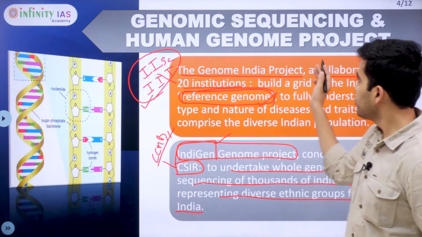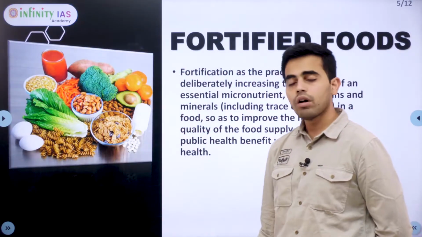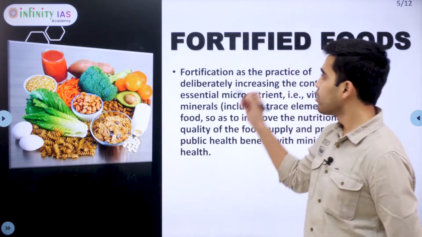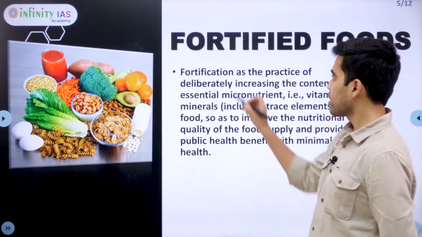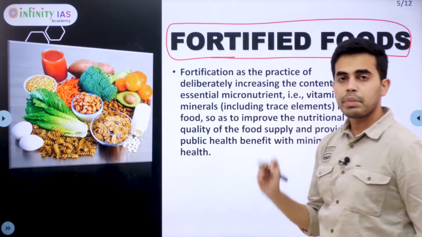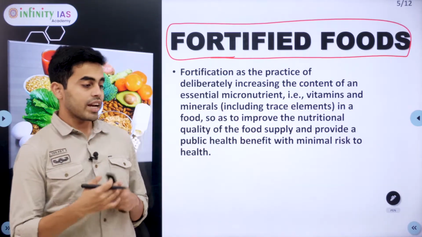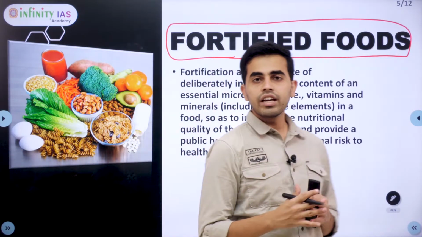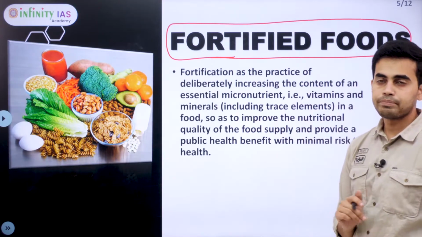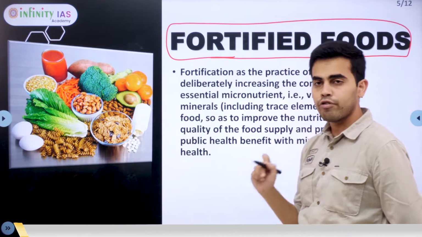Having finished genomic sequencing and the Human Genome Project, we will move on to another important topic in biotechnology, that is fortified foods. This is particularly important for the examination because there is a renewed push for introducing fortified foods. Initially we'll see what is fortification of food.